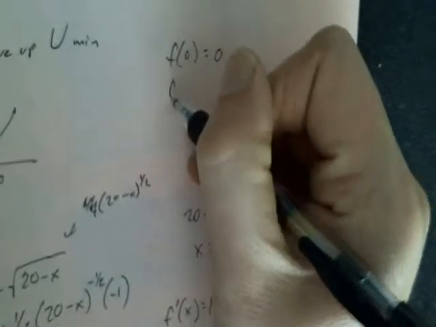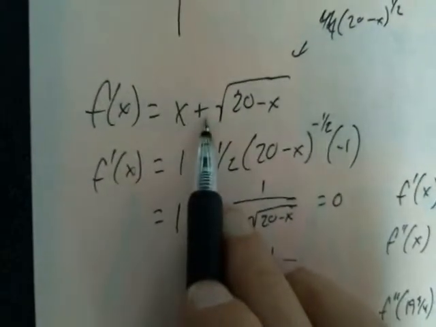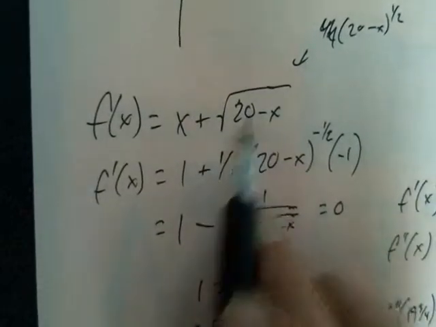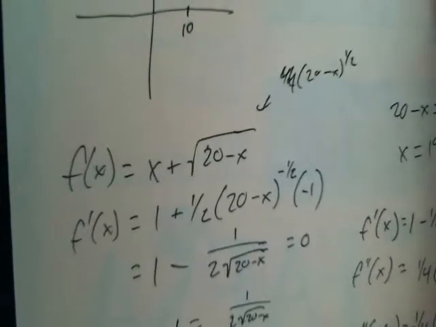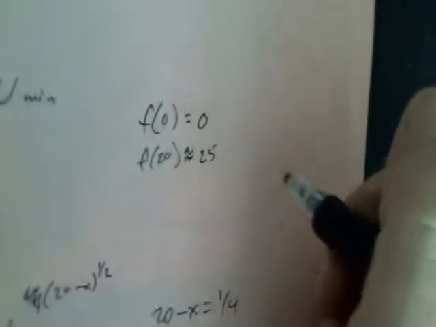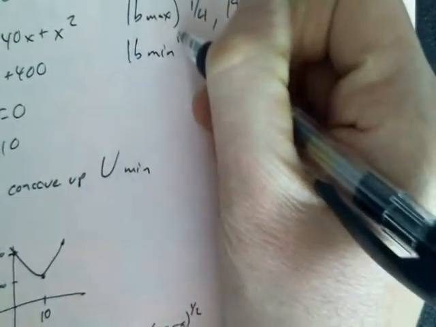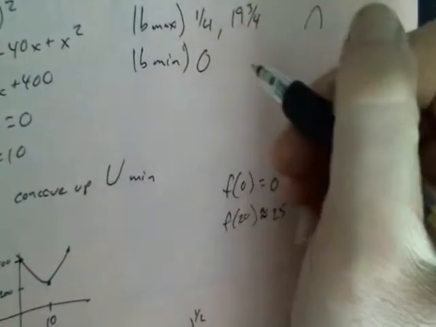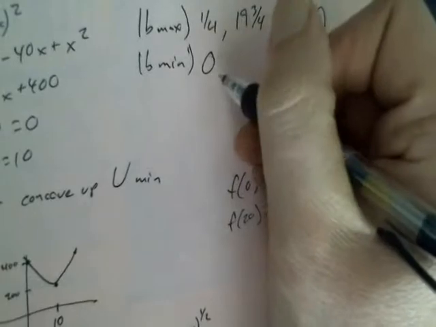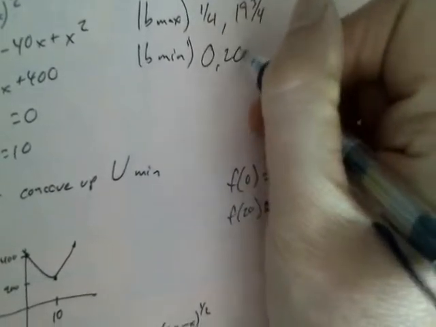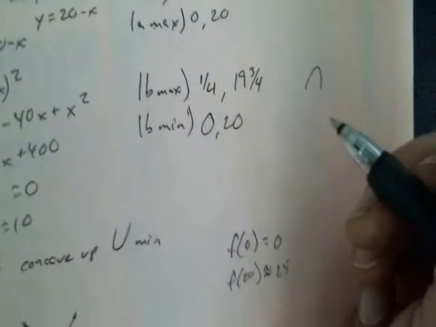Can't get something even smaller. Try 20. That's going to be 20 plus the square root of 0. Or sorry, 20 plus the square root of 20. That's going to be 25-ish. So 0 is a smaller one. So 1b minimum is going to be at 0 and 20.